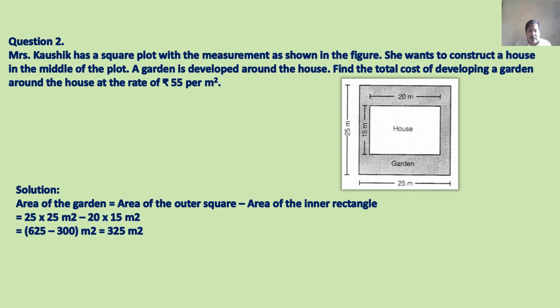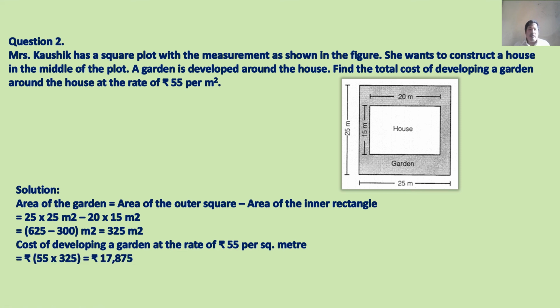Now we are going to find the total cost of developing the garden, meaning how much the total cost is. Okay. Now the cost of developing a garden at the rate of rupees 55 per square meter: we have rupees 55 into the total area of the garden.